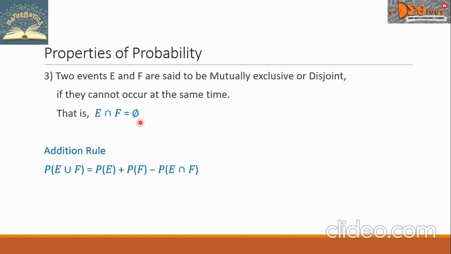In relation to the union and intersection of events, we have this addition rule.